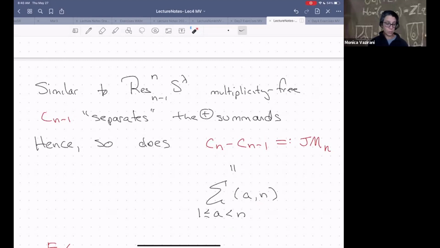And again, what's great about it is that it detects in the restriction how everything chops up. In other words, if you restricted from your favorite representation, say from S5 to S4, and let's say you didn't already know your basis that was compatible with restriction, all you'd have to do is look at this Jucys-Murphy operator and look at its eigenspaces.